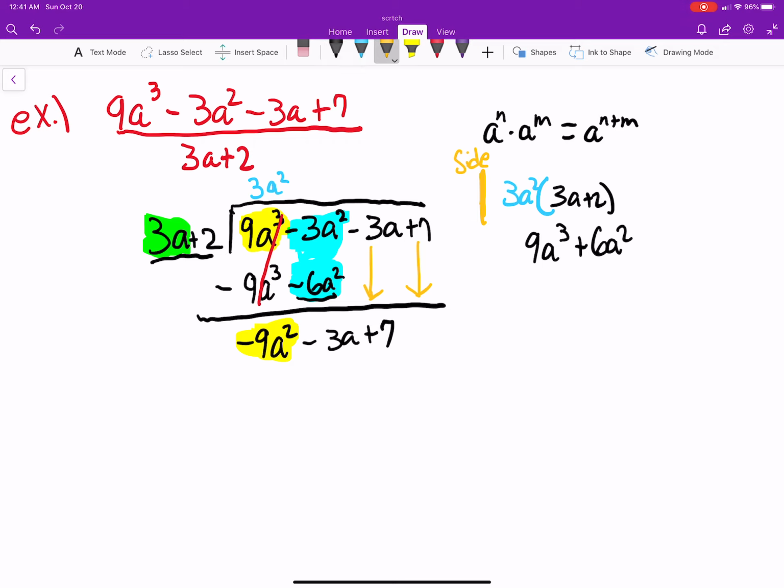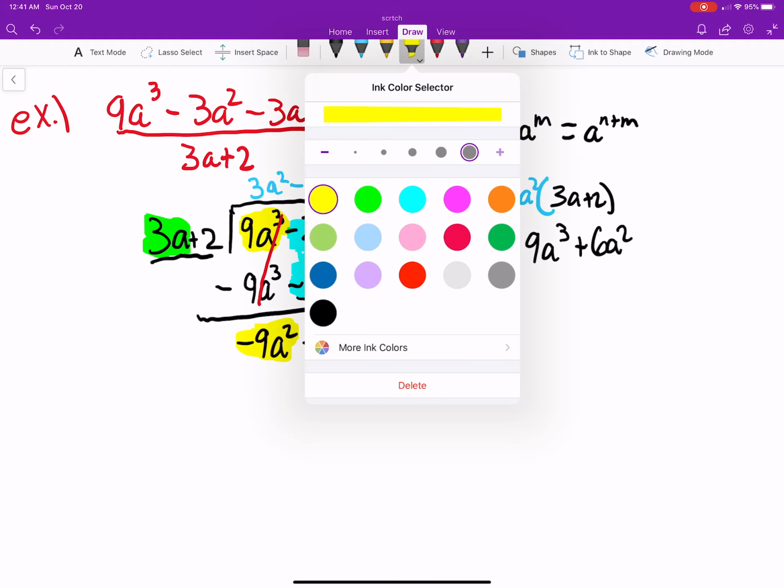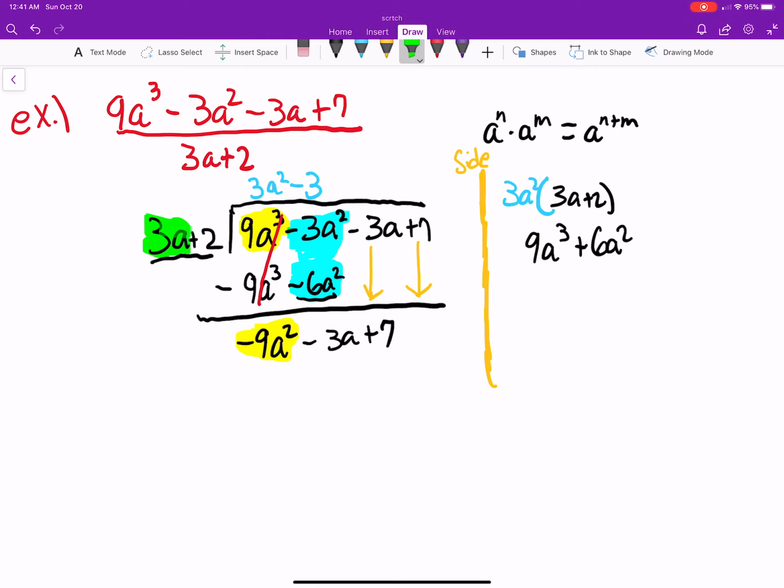So just like we did before, and this is just like normal division, just with variables, we're going to want to multiply by a 3, this time a negative 3, because of the sign difference. 3 times negative 3 will get me my negative 9. And then how do I get a squared when I have a? And again, I'm just looking at this bit. Well, using the same way we did before with exponents, if I have a and I need to get to a squared, I just have to put 1 there.